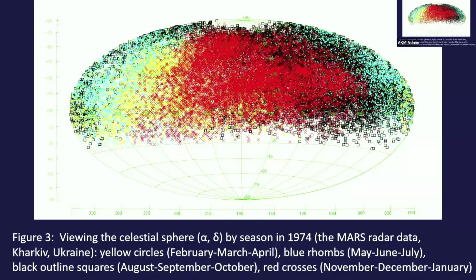Yellow circles are February, March, April, blue rhombs are May, June, July, black outlined squares are August, September, and October, and of course, red crosses are November, December, and January.